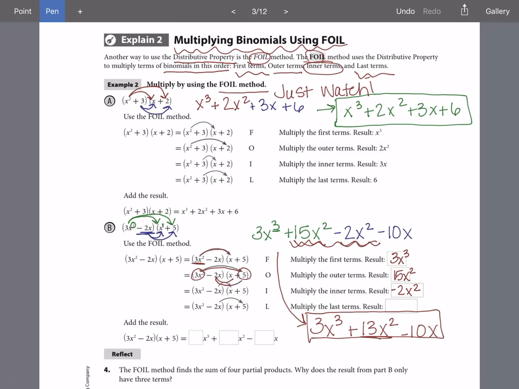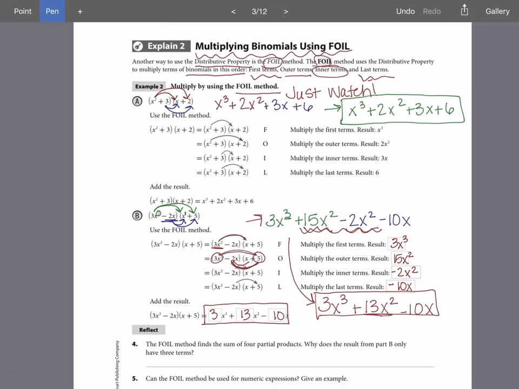And then the last terms, we get negative 10x. Okay, and then when we write our final answer, we have 3x cubed plus 13x squared minus 10x. So either way, do it as the book did it, or kind of go off to the side here and do it as I did it. It's the same thing, okay?